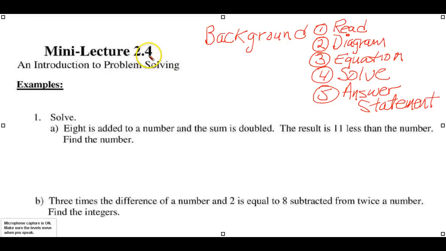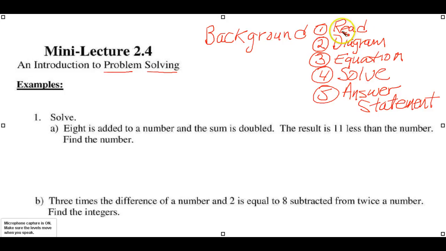On to topic 4 now. We're going on to problem solving. If you were to read your textbook, in the beginning they go over the strategy for solving word problems.